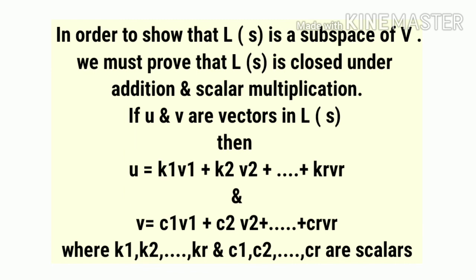Consider two vectors, vector u and v, belonging to L of S. Elements of L of S are linear combinations of vectors v1, v2 and so on vr. That is, vector u is equal to k1 v1 plus k2 v2 and so on plus kr vr, and vector v is equal to c1 v1 plus c2 v2 and so on plus cr vr, where k1, k2, kr and c1, c2, cr are scalars.